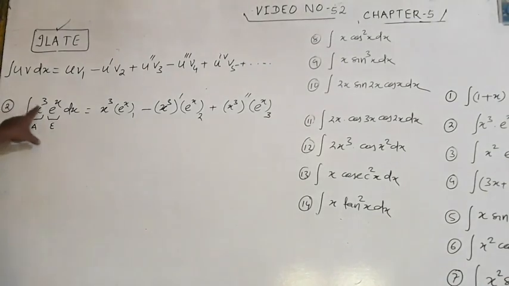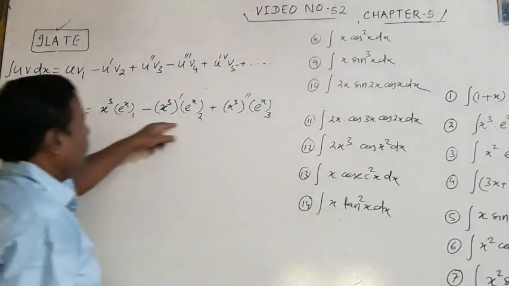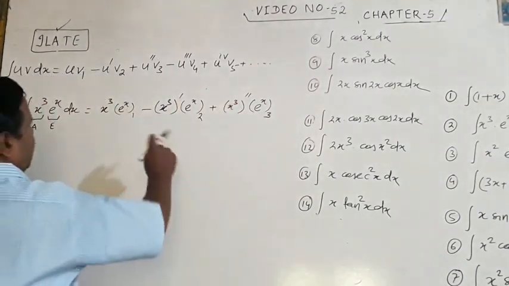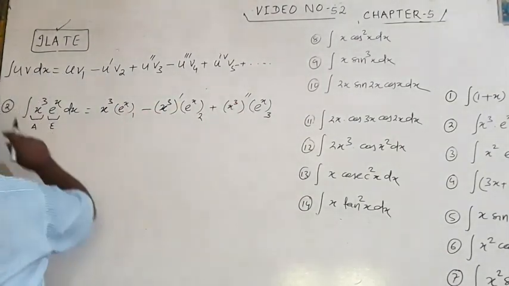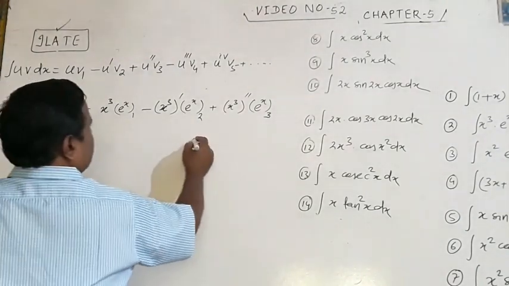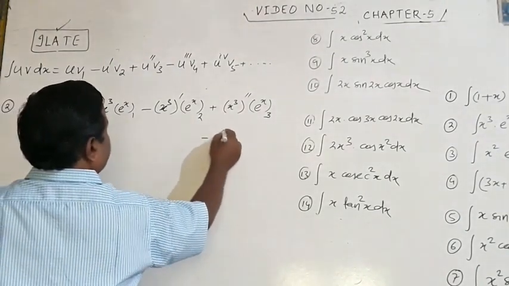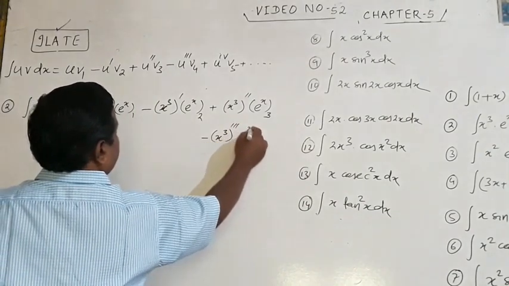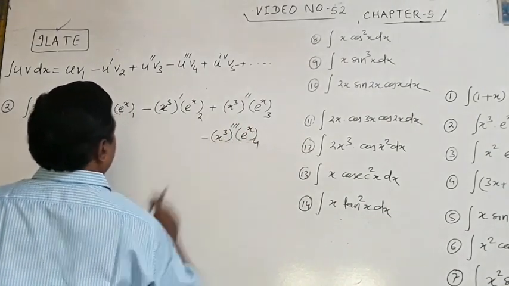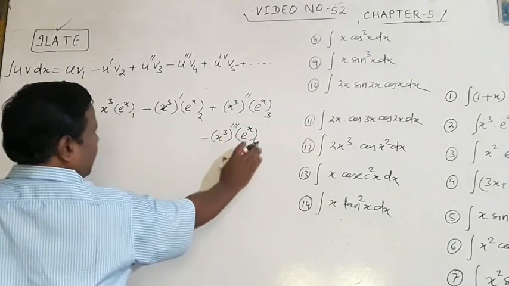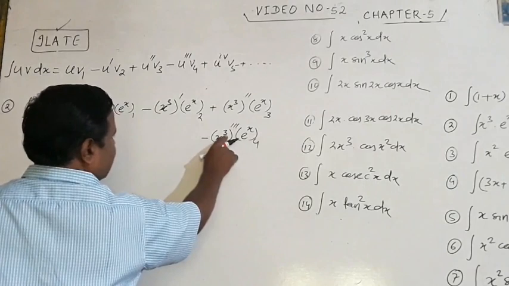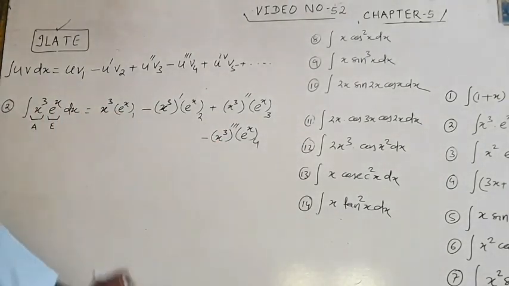So, according to this power, you should know how many times you will differentiate that algebraic function. Minus the third derivative of x cube times the integration of e to the power x four times, and there will be no extra term because its power is 3. You can differentiate it 3 times.